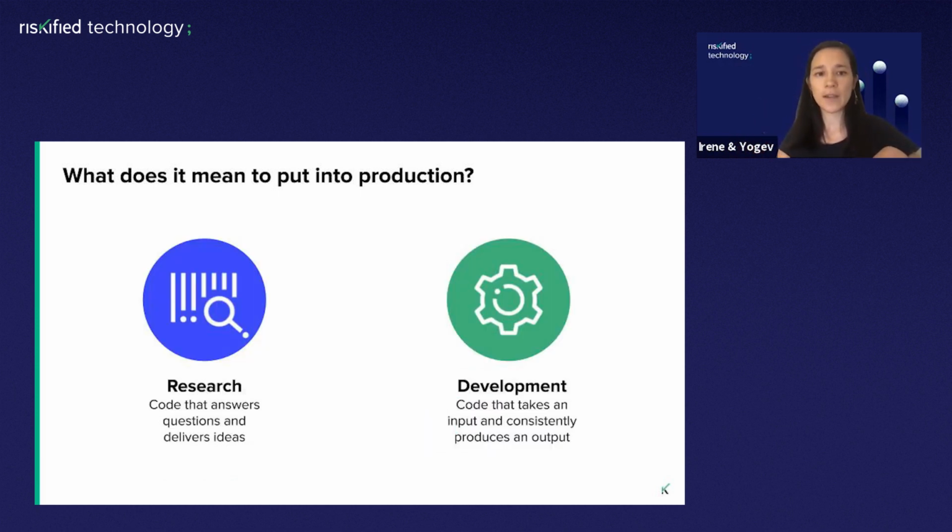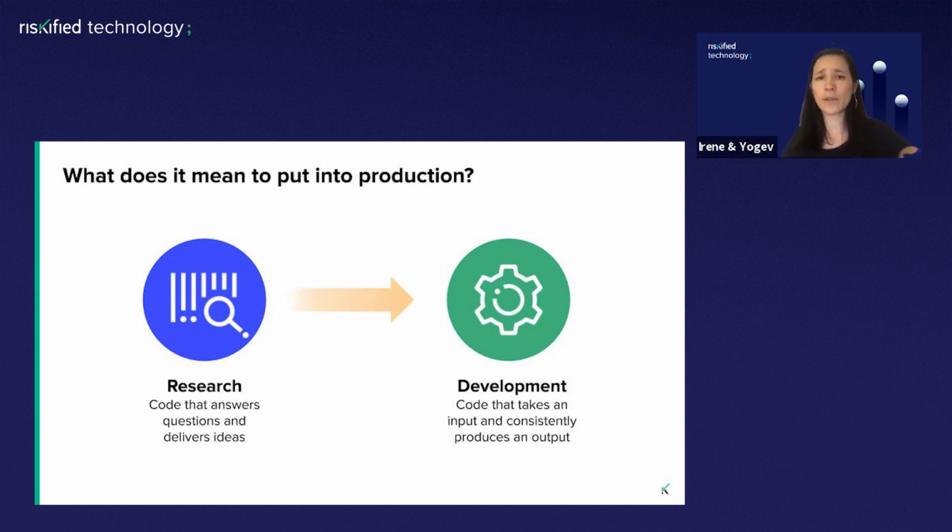At Riskified, we put it in terms of departments. We have the research department, where most of the time we're writing code that answers questions and delivers some kind of idea. And then we have the developers, a team of over 100, who write code that takes some kind of input and consistently produces an output.